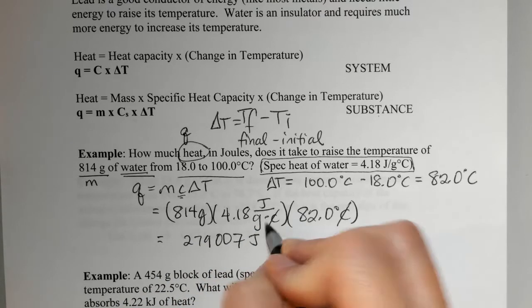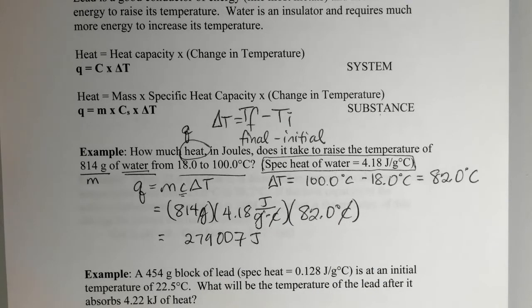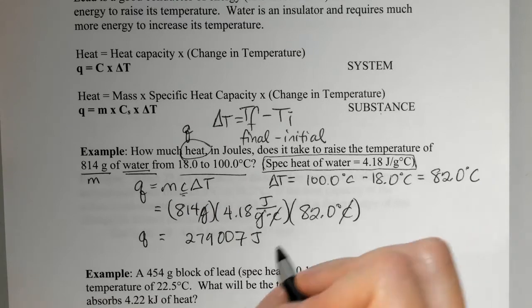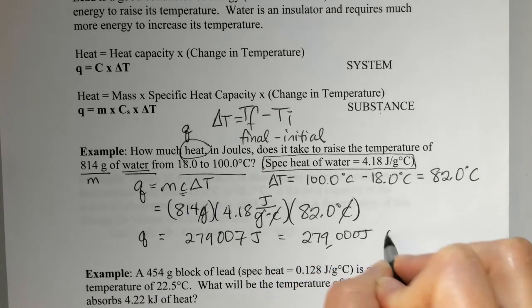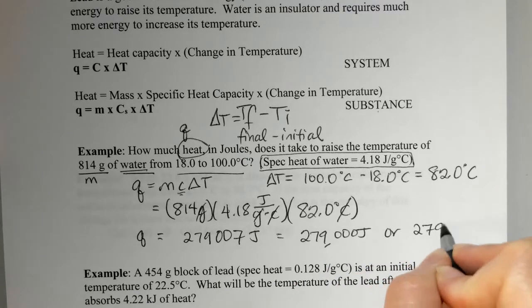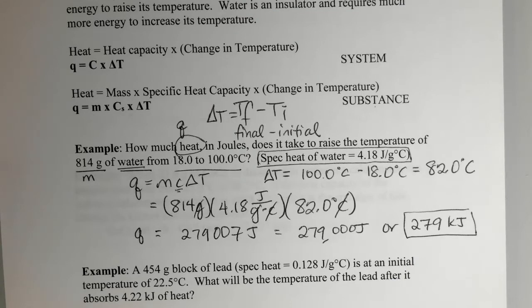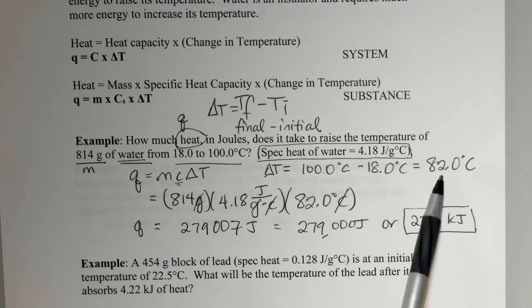Units of degrees Celsius canceled out, grams have canceled out, so there's my energy in joules. With 3 significant figures, we can round this to 279,000 joules or 279 kilojoules. That would be the amount of heat we would need to raise the temperature of 814 grams of water by a total of 82 degrees Celsius.